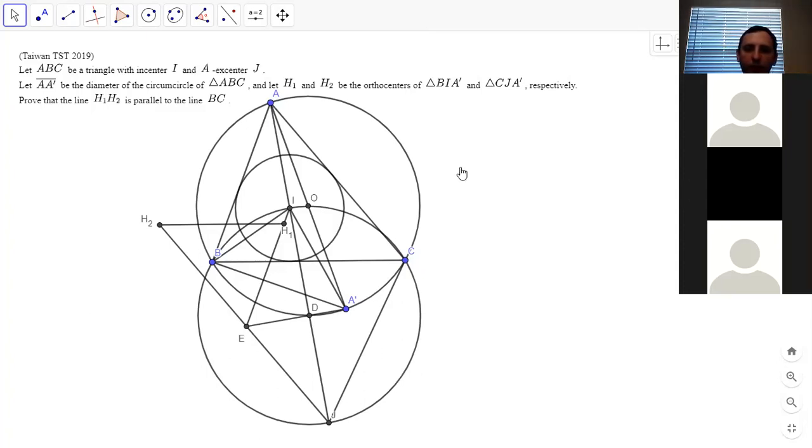So, do you have a proof that A, D prime, and E are collinear, or is it something you observed?